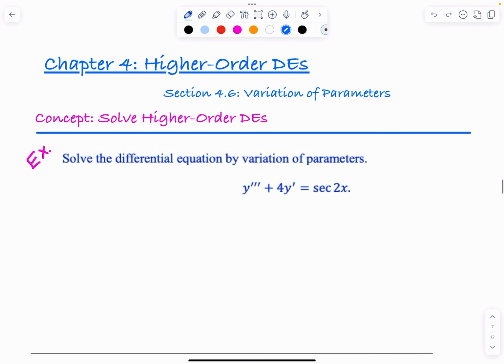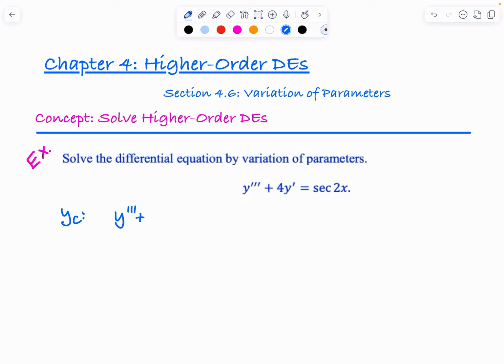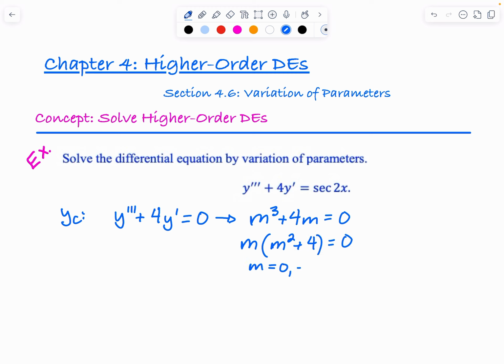Okay, first things first. So there's my differential equation. It's a non-homogeneous case, so I need to start with my homogeneous case. So homogeneous, I'm going to have y triple prime plus 4y prime, and I'm wanting to solve it when it is 0. So this is m cubed plus 4m, right? If I factor out an m, I'm going to get m equals 0 and plus or minus 2i.